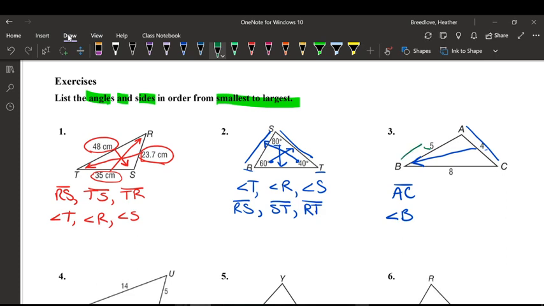So that's side BA, and across from the 5 is angle C. And then the largest side is the side that's length 8. So that is side BC, and across from side BC is angle A. So that's the largest angle.